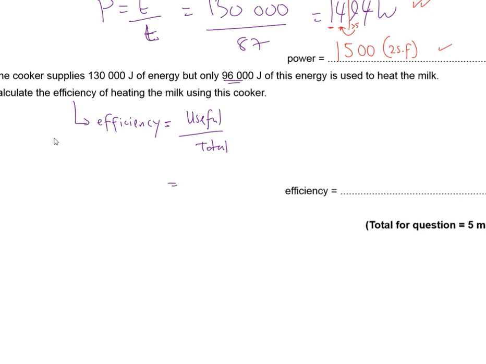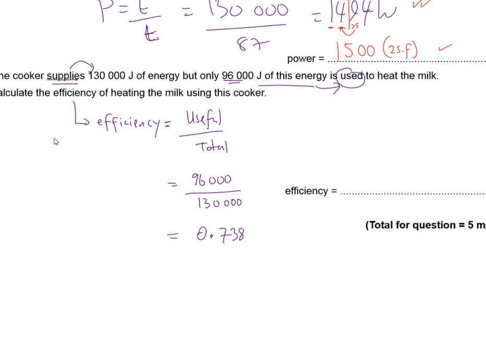Look, 96,000 of energy is used, so this is the useful one. Now, what is the total? Look, it's the supply, so it's giving this much. Therefore, this is the total. Now, you use a calculator and you're going to get 0.738.